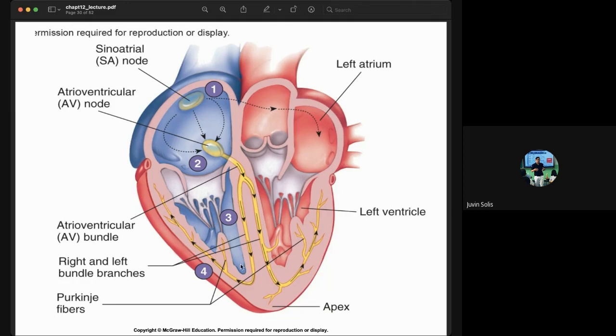And then magta-travel siya. Once na nag-travel siya here, yung end part, this is now what we call your Purkinje fibers. This is also your Purkinje fibers. So this is how the conduction system of the heart works.